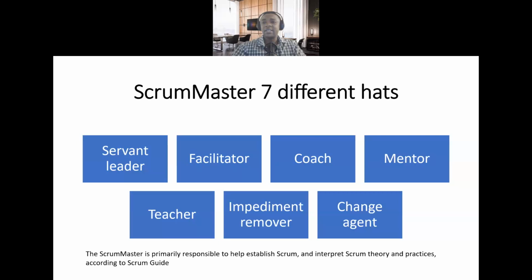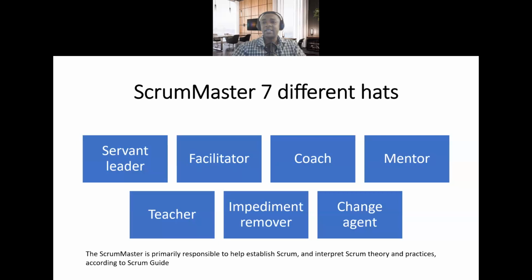So the Scrum Master is someone who teaches Scrum to the team, to individuals, to the organization. He is trying to explain to them the content of the Scrum Guide, even though the Scrum Guide is not a compendium of Scrum. But he teaches Scrum in such a way that people can understand.